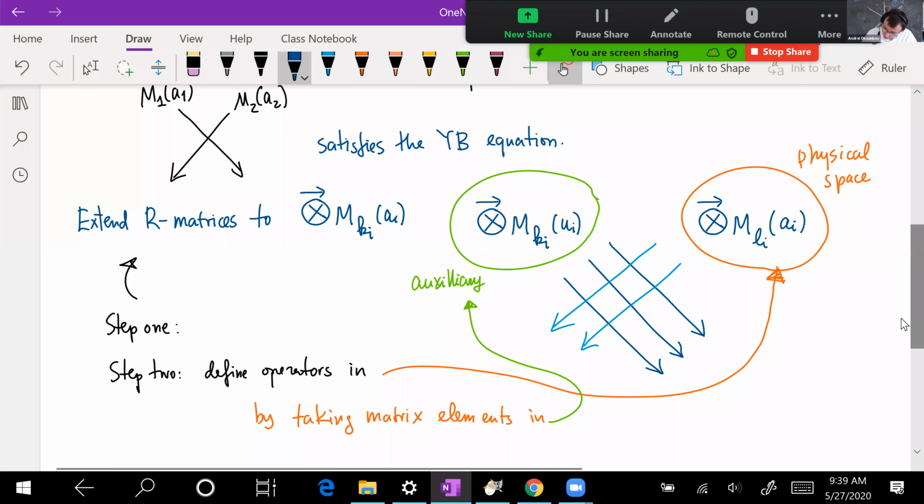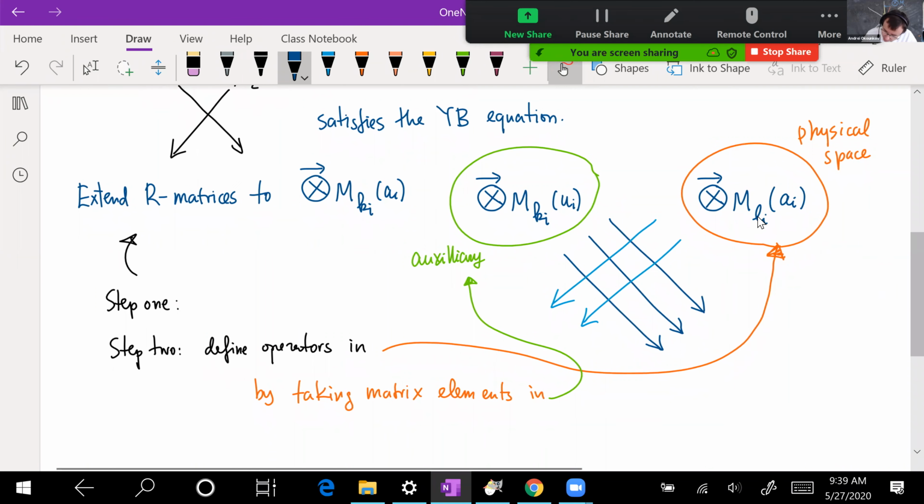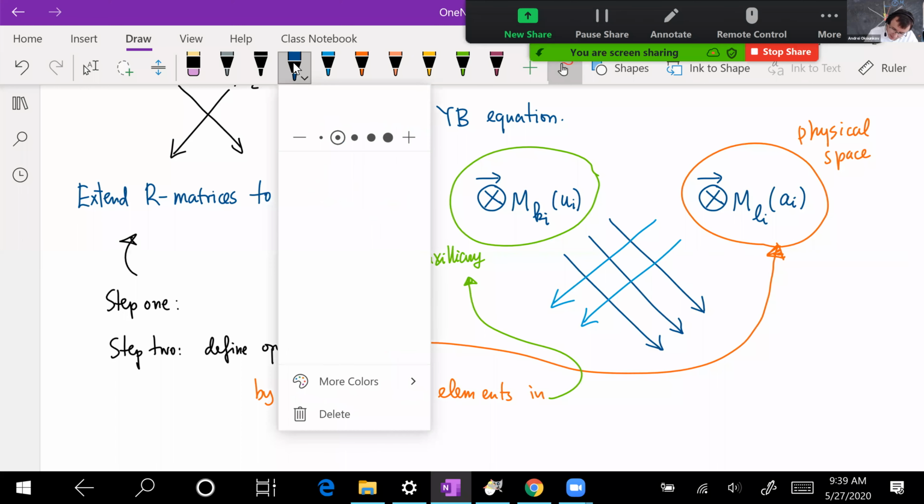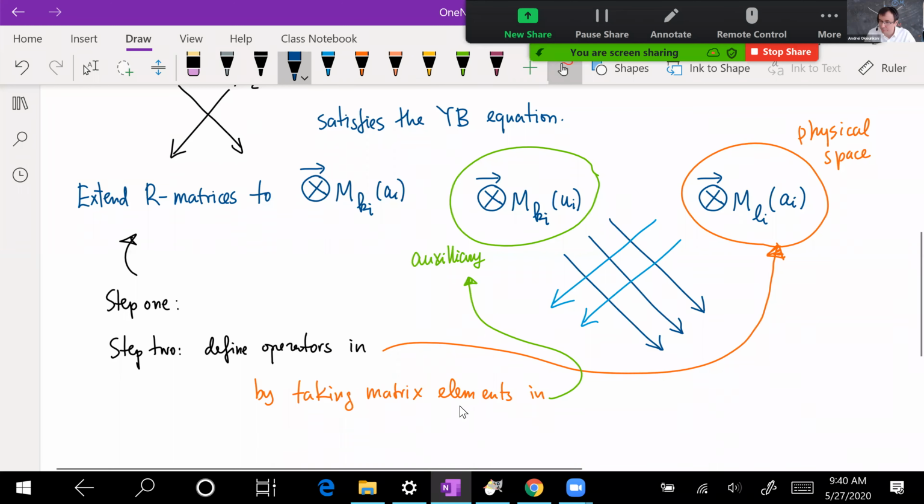And then we take a matrix element to get an operator here, which will still depend on these variables UI.